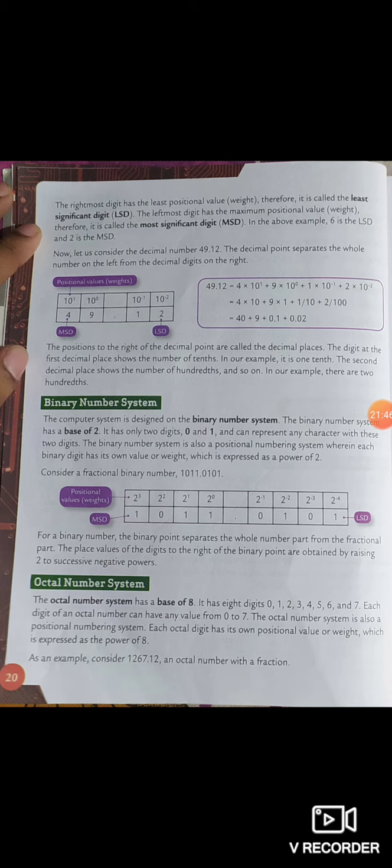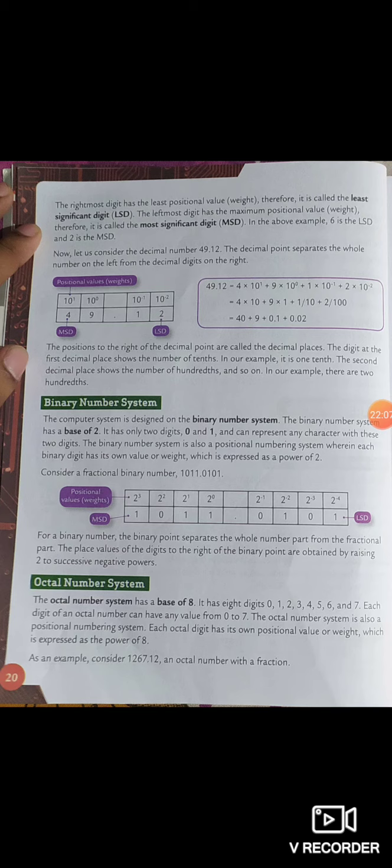Okay, so if we place it in octal number system with a point, the point separates the number into the left and right containing digits.